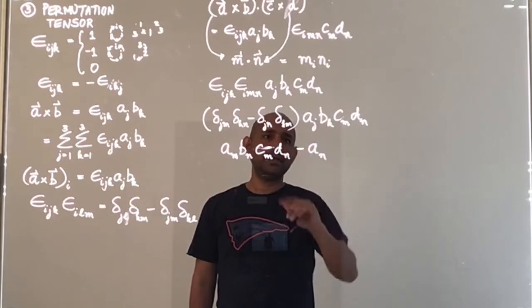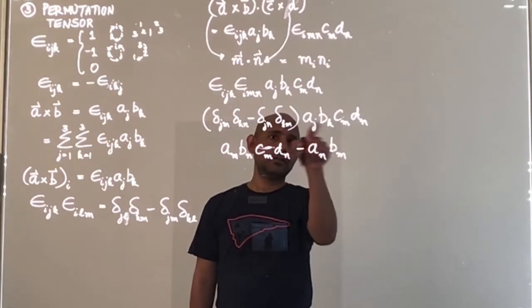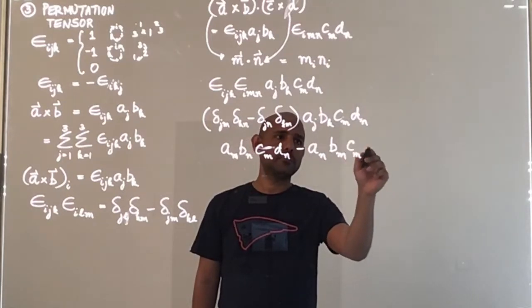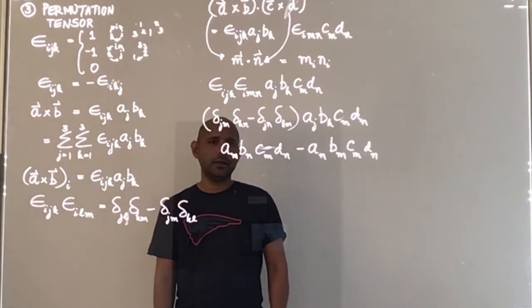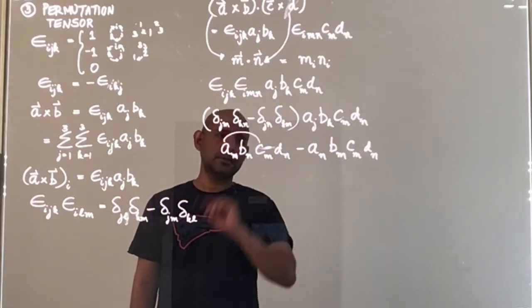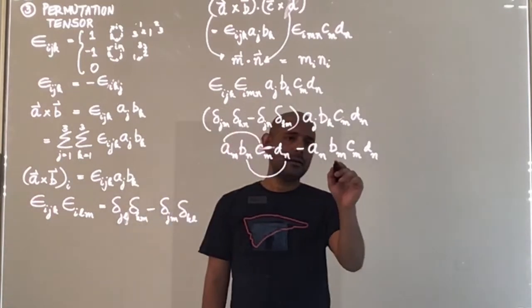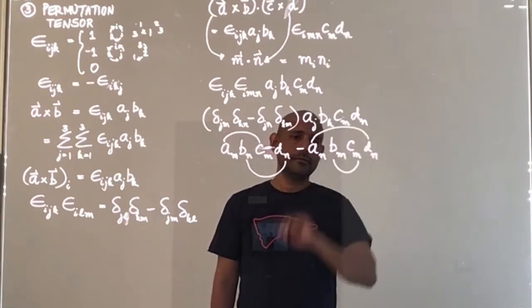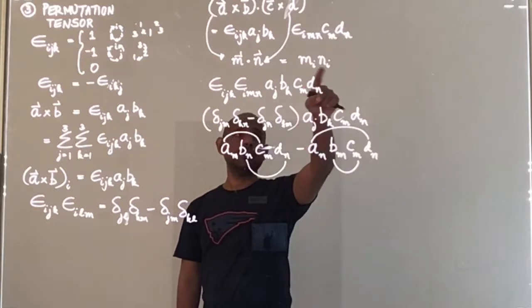Delta Kn, Bk, K is common, N is free, so it becomes Bn, Cn, Dn. Okay? Now what do you see here? Am, Cm, Bn, Dn. Bn, Cn, An, Dn. That should remind you of dot products, right?